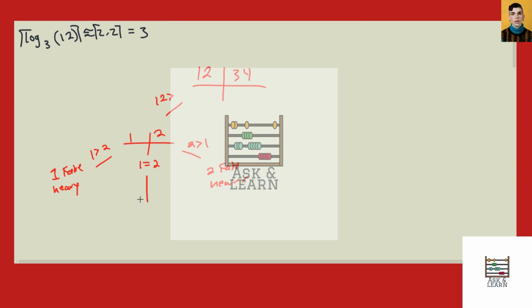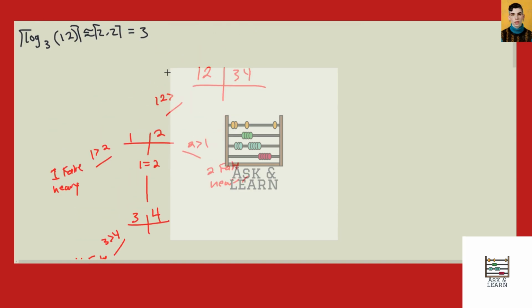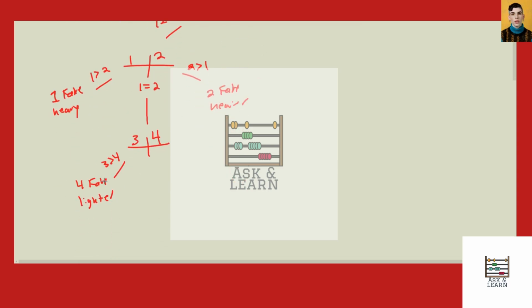Well, if that's the case, then we should compare 3 and 4, because that means 1 and 2 are the real ones. So we do 3 and 4, and then if 3 is larger than 4, then this means 4 is fake and it is lighter. And we know it's lighter because remember, in this first step we said that 1, 2 is heavier than 3, 4.